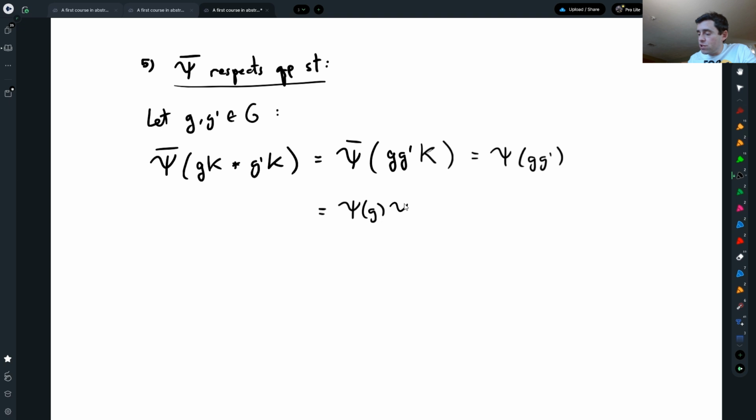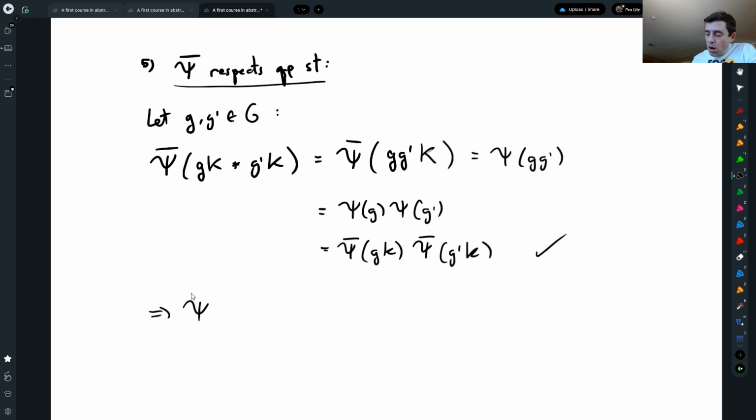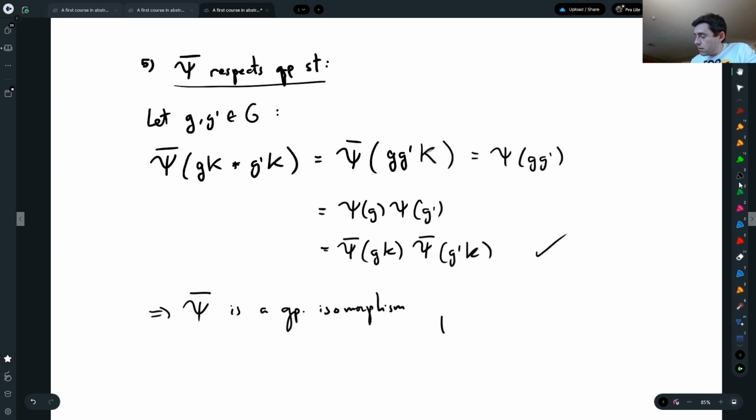So this is psi of G times psi of G prime, and psi of G is the value through psi bar of the coset GK, and psi of G prime is the value through psi bar of the coset G prime K. And therefore, it does respect group structure, and therefore psi bar is a group isomorphism, which is what I wanted to prove, and it is the end of the proof of the first isomorphism theorem.